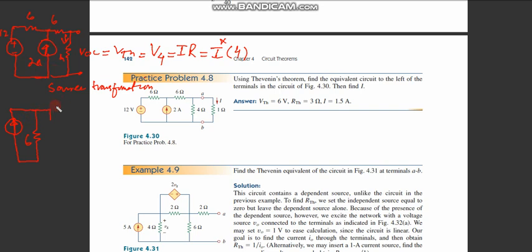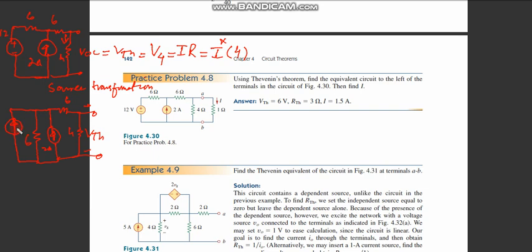The rest of the circuit I would not change, so I keep the 2 ampere source as it is. Then I have the 6 ohm resistance, and then the 4 ohm resistance, and then the open circuit, which is plus minus VThevenin. Now what is the value of this current source?